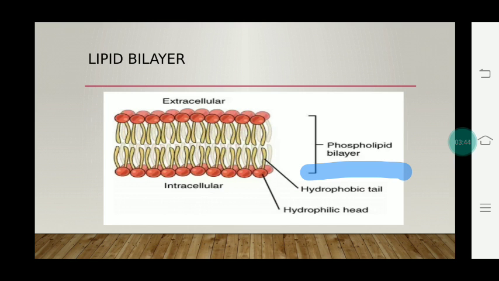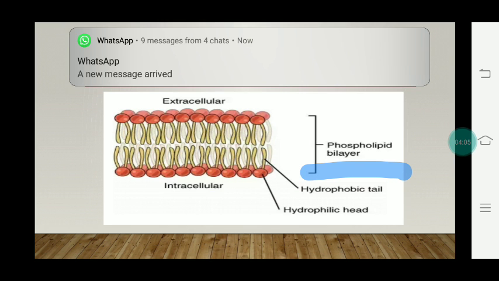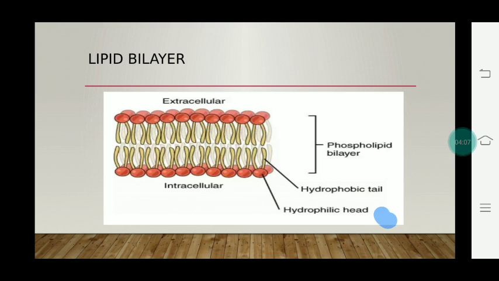What does hydrophobic tail mean? It has a phobia against water, so it does not attract water. So it's made up of two parts, the hydrophilic head and the hydrophobic tail of the phospholipid bilayer.